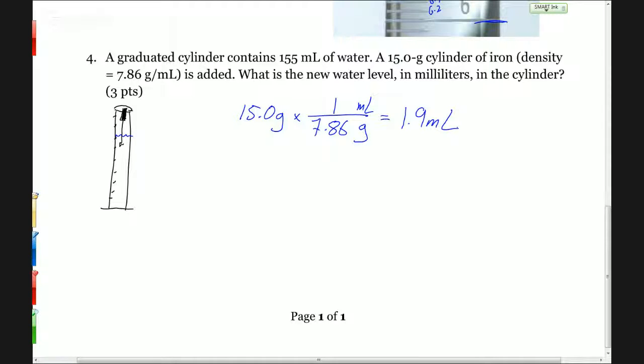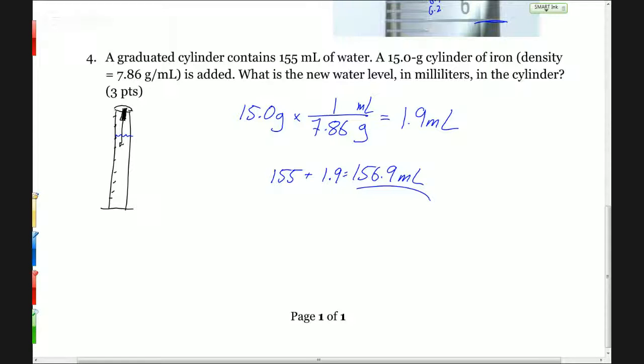So the iron takes up about 2 milliliters worth of space, which means if that iron gets put into that cylinder, into that water, how much is the water going to go up? Yeah, by that much. So 155 plus 1.9 is 156.9 milliliters is the new level, or 157 milliliters.